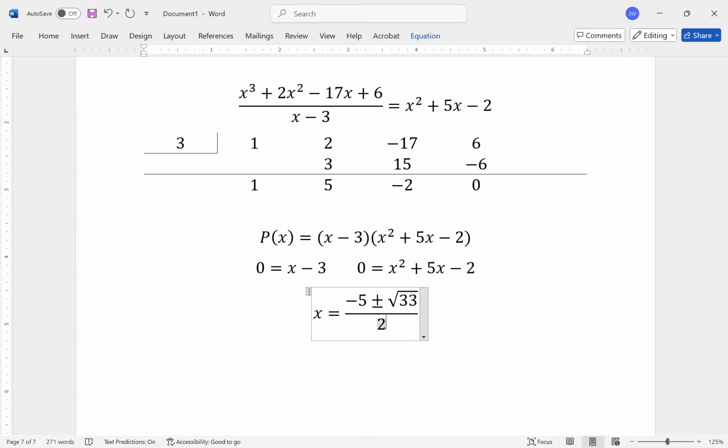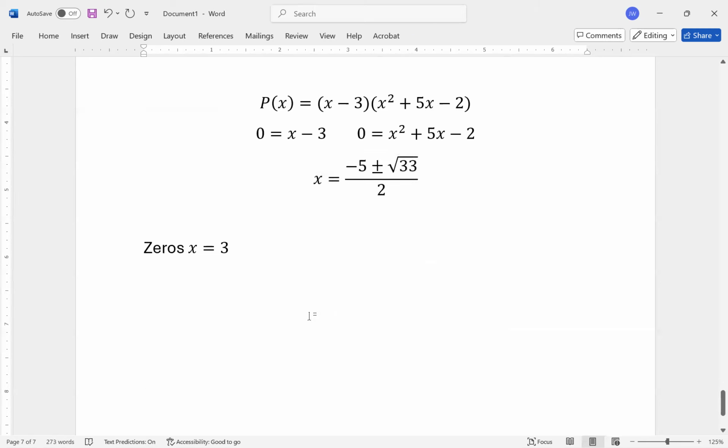Now I know all three of my zeros. I have one zero, which is x equals 3. That's the one I found using the rational zeros theorem. And then I have these two other zeros, one of which is x is equal to opposite of 5 plus the square root of 33 over 2.